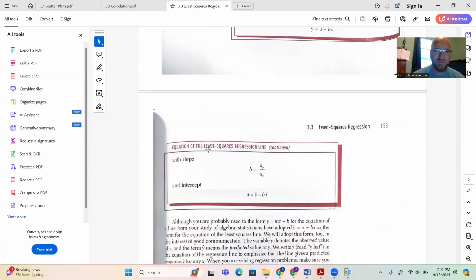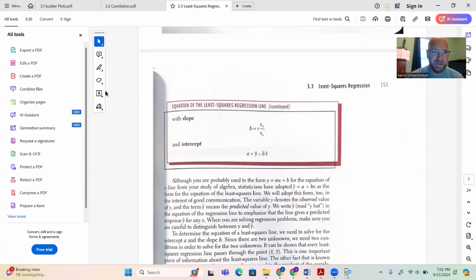So the formula for the slope, b, my slope, is equal to r, the correlation coefficient, times standard deviation of y over standard deviation of x. There it is, correlation coefficient.